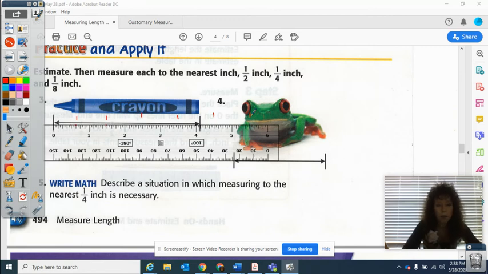Okay. So what do you think, measuring this crayon from here to here to the nearest half inch, what do you think it's closest to? Is it closest to 4, 4.5, or 5?